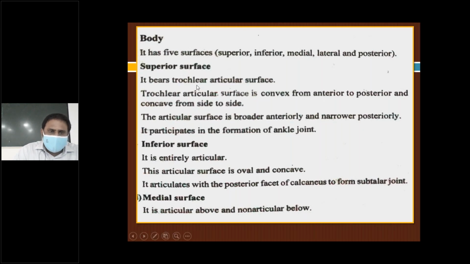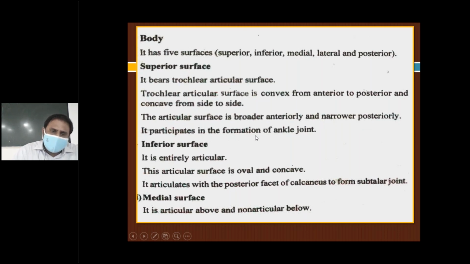The superior surface bears the trochlear articular surface. The trochlear articular surface is convex from anterior to posterior and concave from side to side. The articular surface is broad anteriorly and narrow posteriorly.